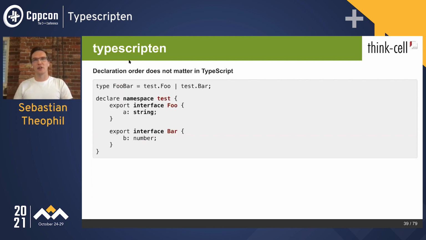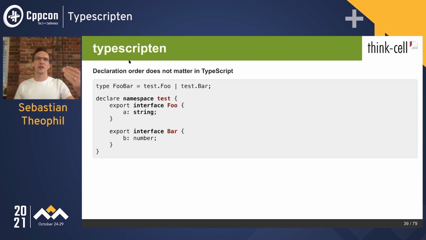So you can imagine that if you're translating one language, in that case TypeScript, to another language, C++, there are quite a number of interesting challenges that come up because the two languages are very, very different. Sometimes those differences are relatively simple. For example, in TypeScript, the declaration order of your types does not matter. So this here is valid TypeScript. I can define the type foobar as the union of test foo and test bar before either test foo or test bar are even declared.